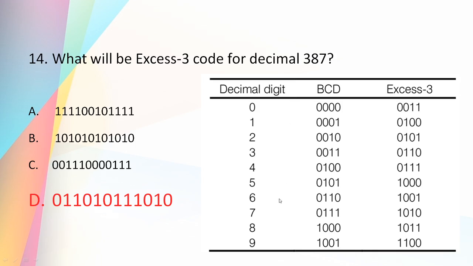So in similar way you can represent every decimal digit. So from this table 3 can be 0110, so 0110. 8 will be 1011, so it is 1011. Then 7 will be 1010, so this will be the answer.